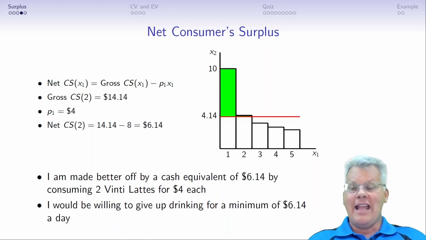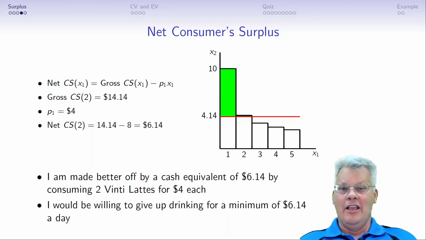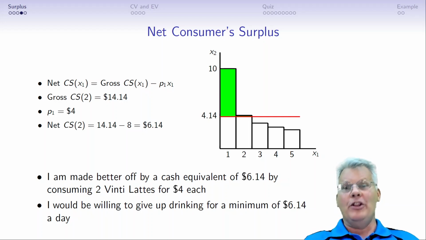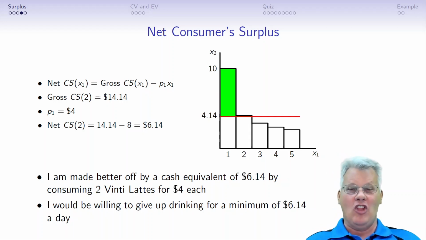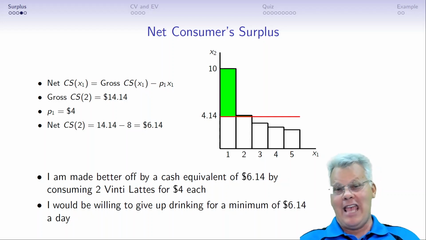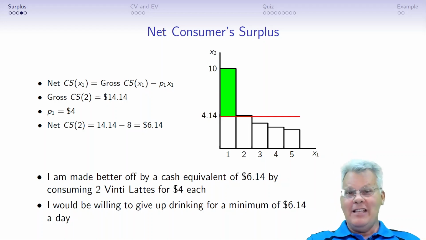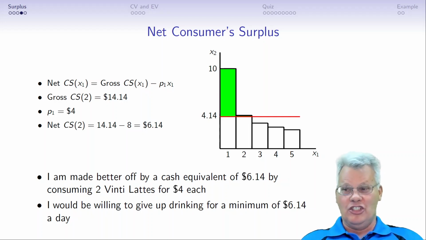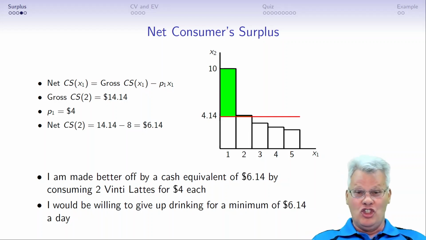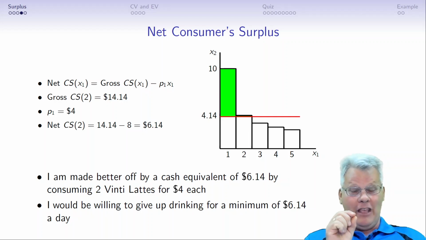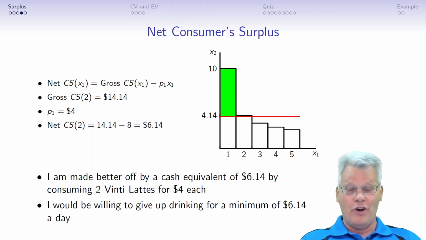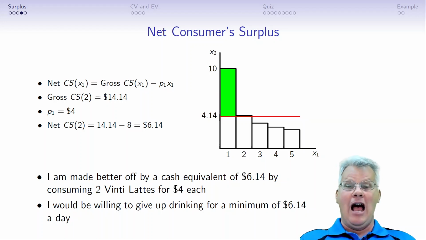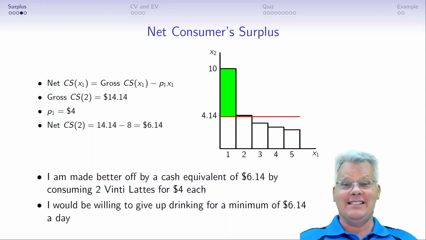So my net consumer surplus of the first Vinny latte: I'd be willing to pay up to $10 for the first Vinny latte that I consumed. I only have to pay $4. So what that means is the green shaded region just above me to the left shows that if I bought 1 Vinny latte for $4 and I drank it, I am made better off by $6 cash equivalent.